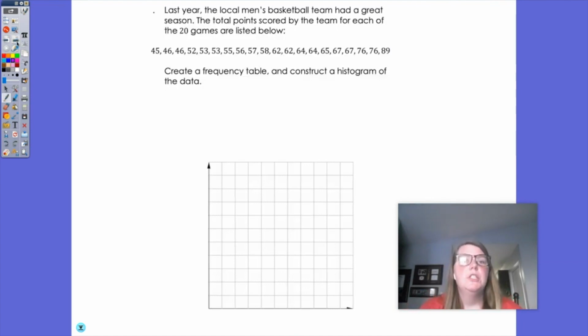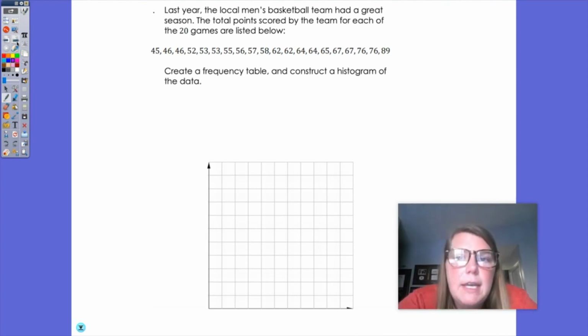Okay, last question. So here are the frequency of total points scored by a team in 20 games for the local men's basketball season. So let's create our histogram. It looks like the lowest number here is maybe 45, so we're going to count by 5.